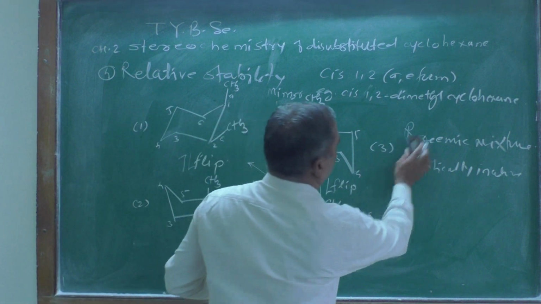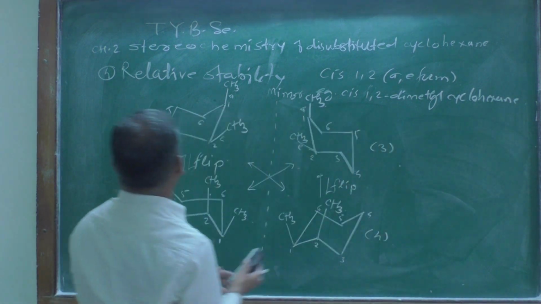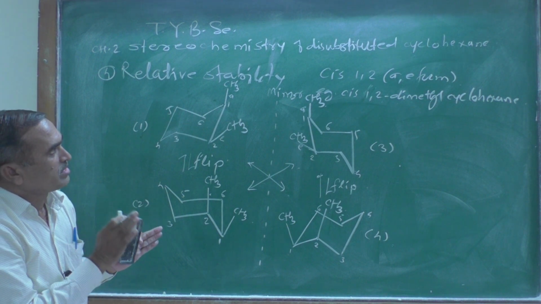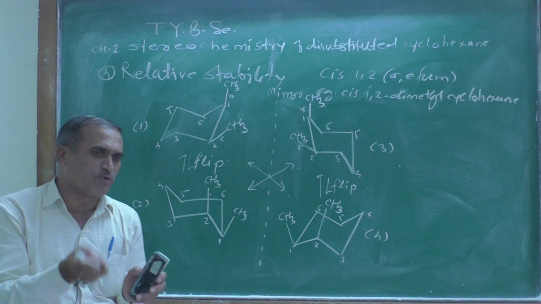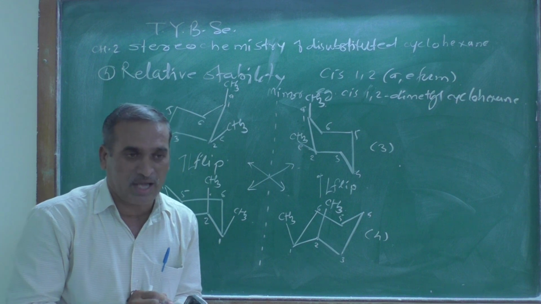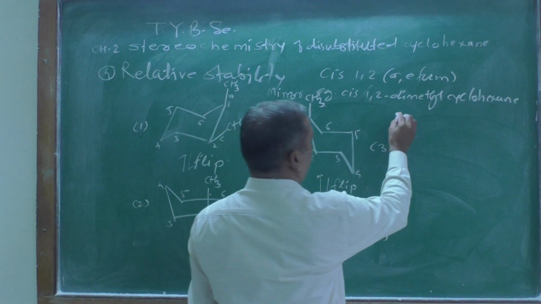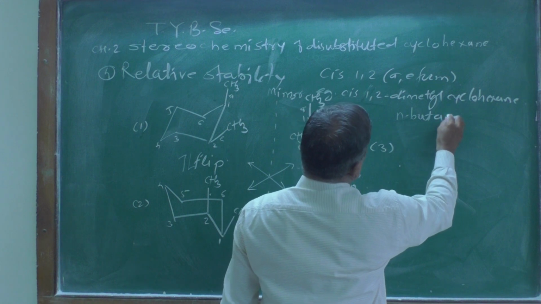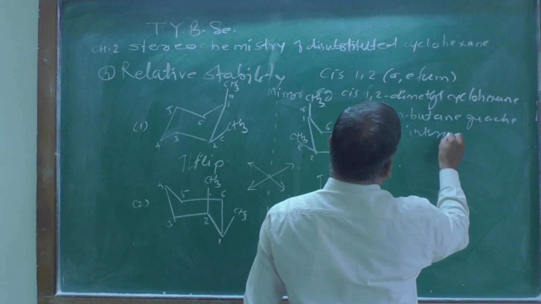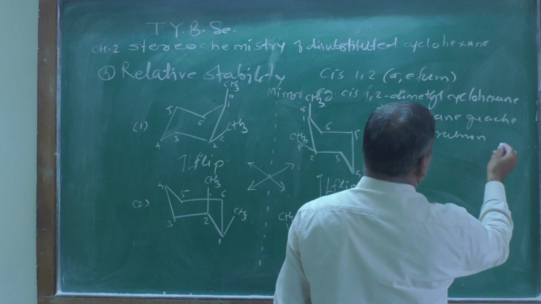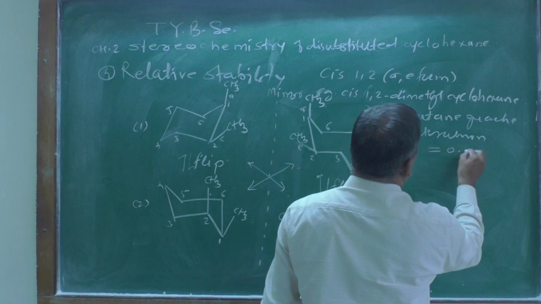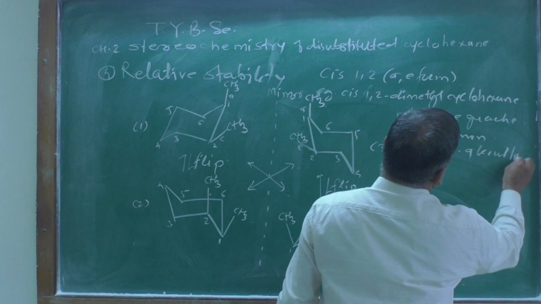Now what we can call the relative stability: look carefully. For the 1,3-diaxial interaction, if you remember from your SY BSc days, there is the n-butane gauche interaction. The energy associated with the n-butane gauche interaction is equal to 0.9 kilocalorie per mole.